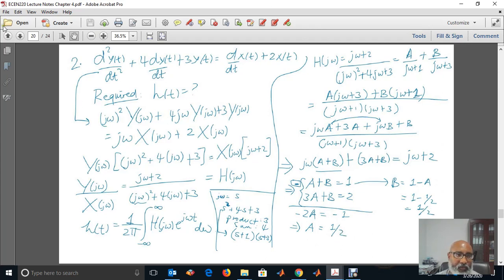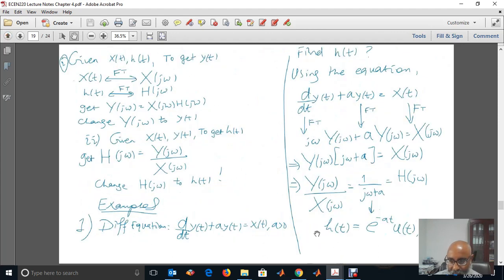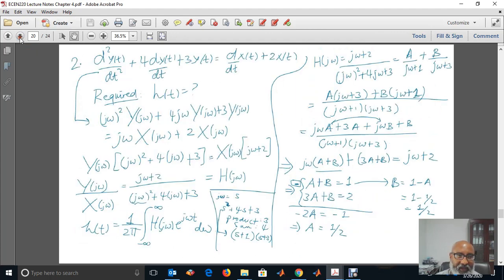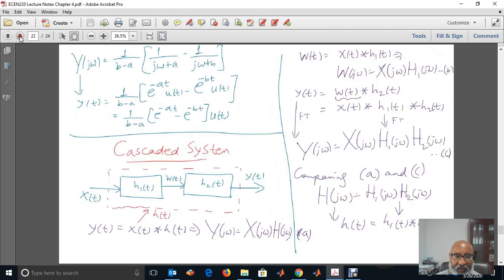It is easy to change it to time domain. Remember, for e to the power of minus at times u of t, if a is greater than 0, the Fourier transform is 1 over j omega plus a. So using that relation, I can change it.